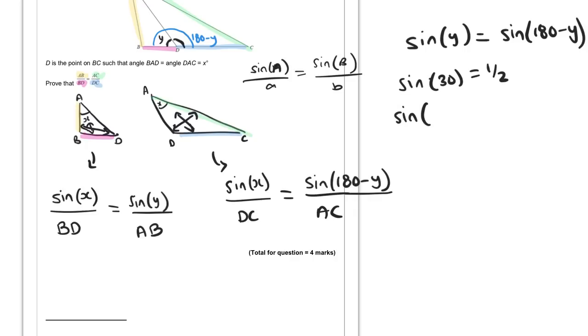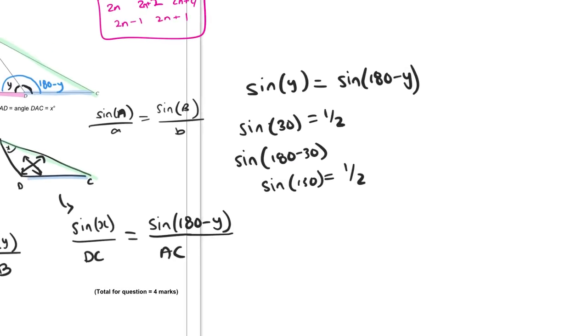What is sine of 180 minus 30? That is sine of 150, which is also a half. Okay, and this is because of the symmetry in the sine graph. We're saying here, if this is Y, this is 180 minus Y. So this is a fact that you need to know.